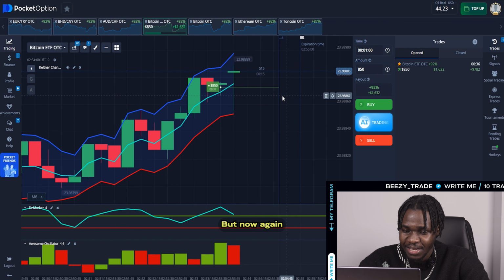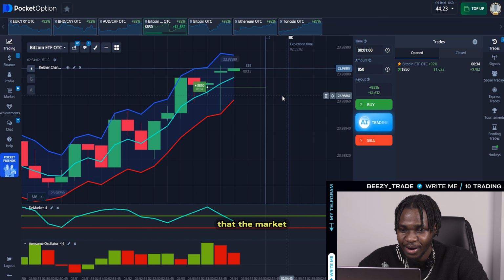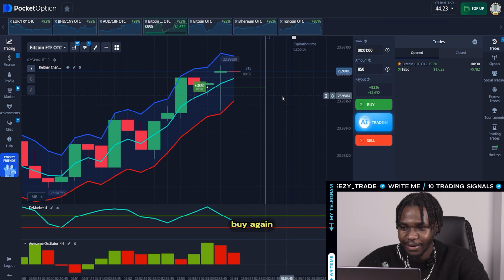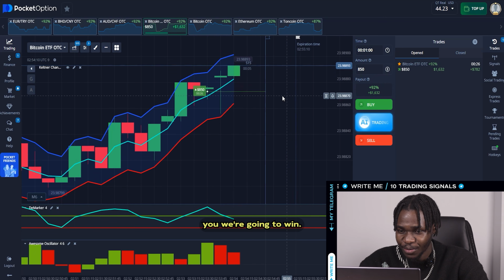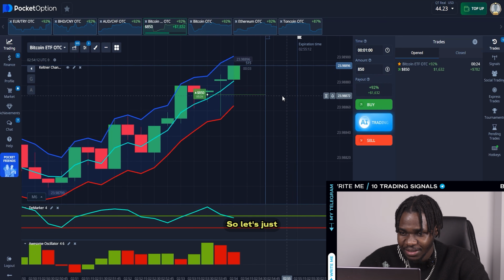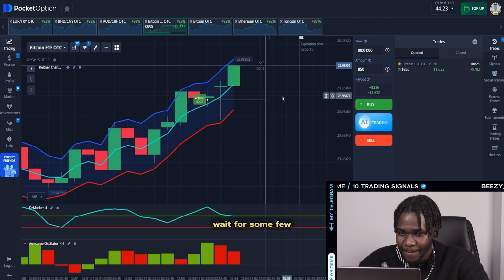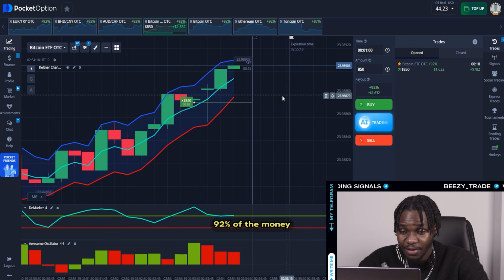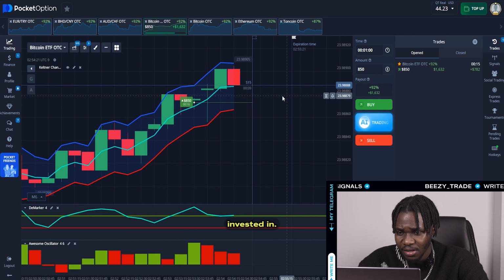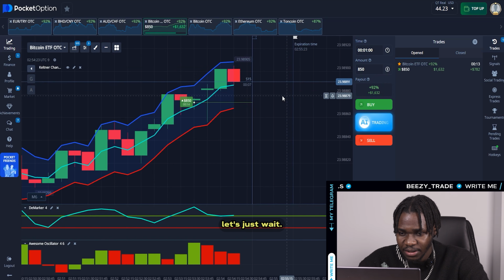But now, since the indicators are still showing that the market is going up, I've placed our trade on buy again. And this time I promise you we're going to win. Let's wait for a few seconds, and we're going to make our 92% of the money we invested. So right now let's just wait.